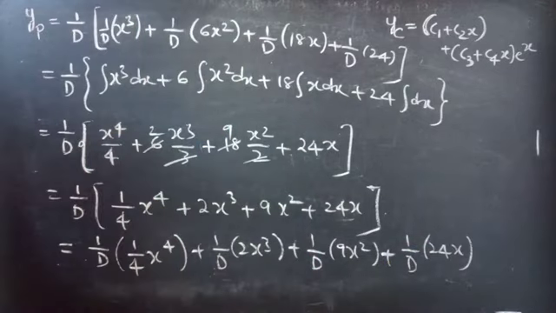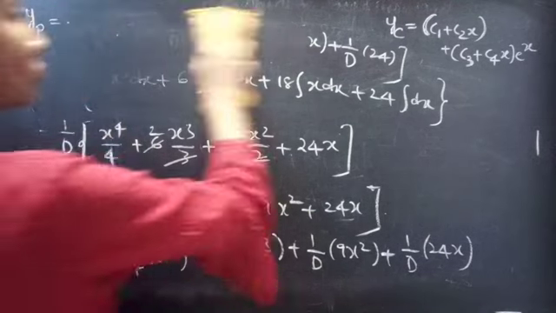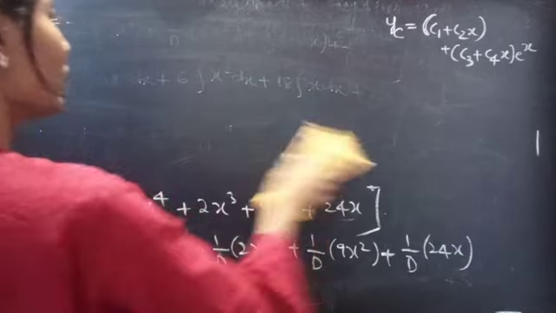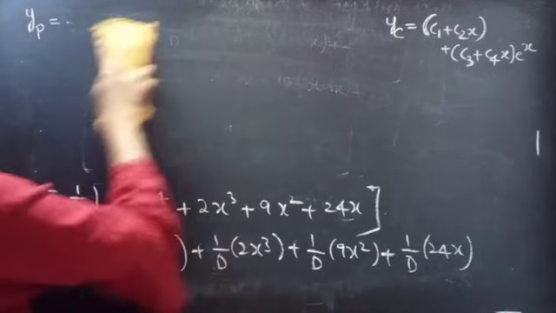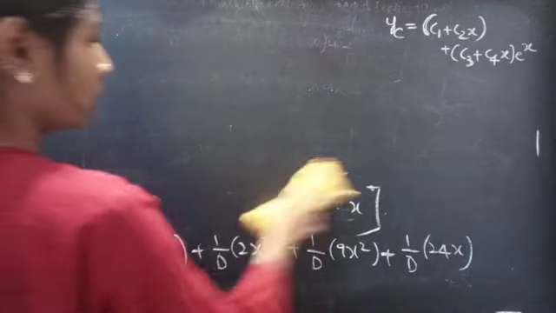Okay, now let's write 1 by D as an integral, taking constants outside the integral, since 1 by D is an integral operator.